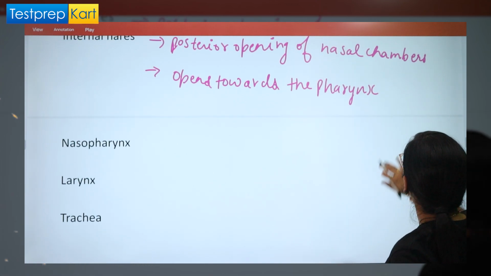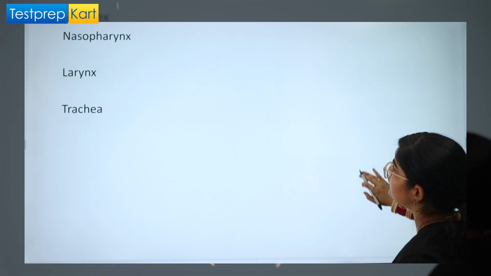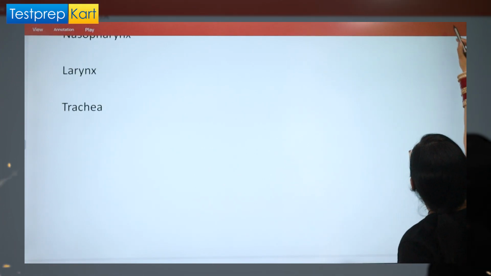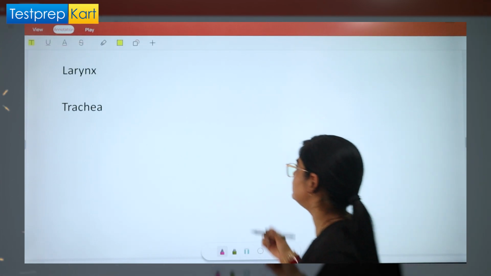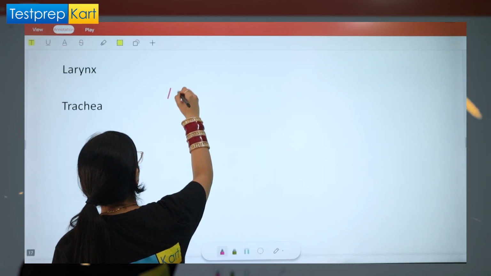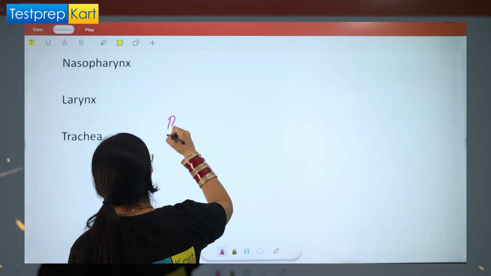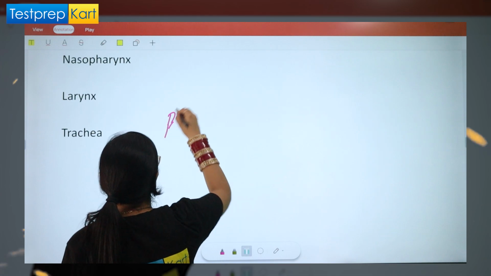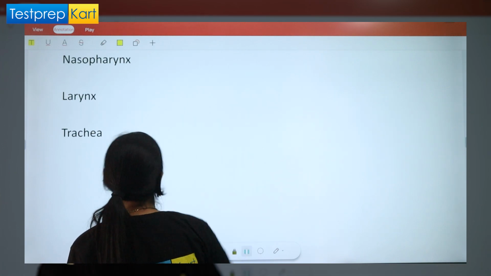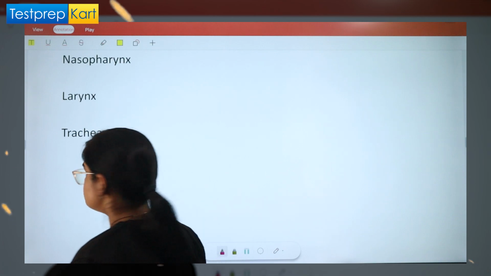When we talk about pharynx, it is basically divided into three parts, right? These are nasopharynx, oropharynx, and laryngopharynx.